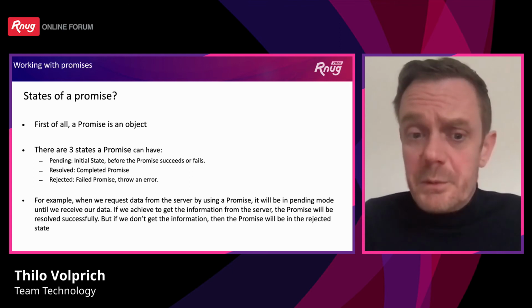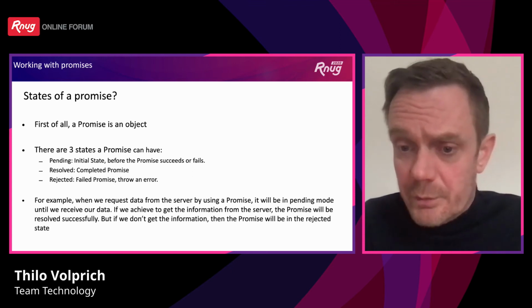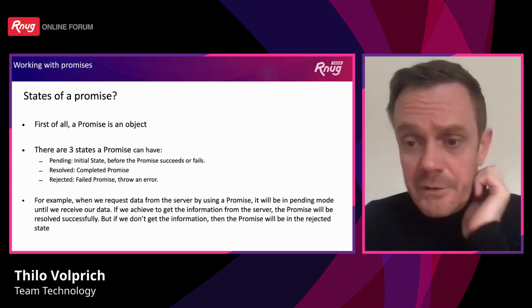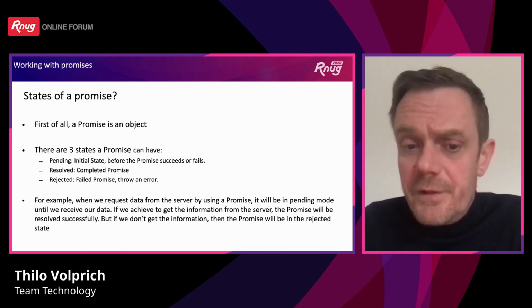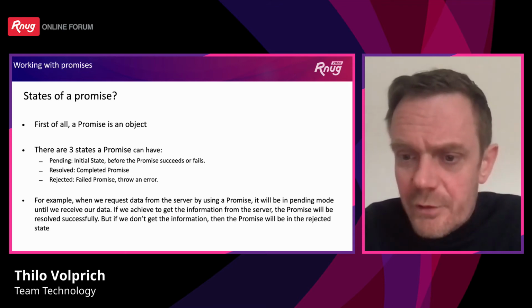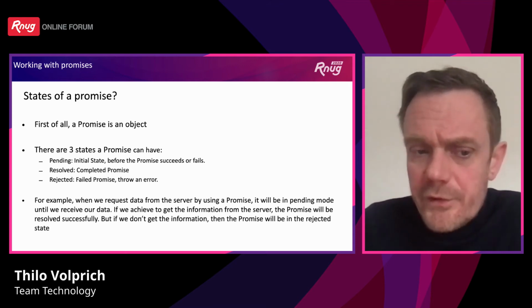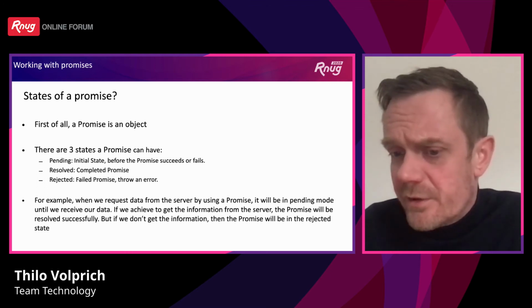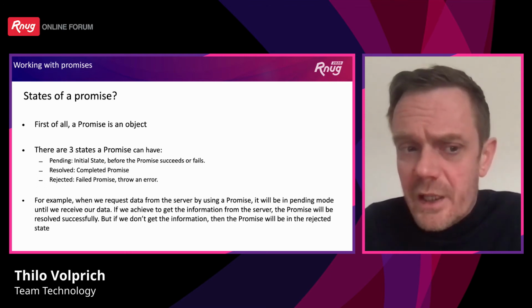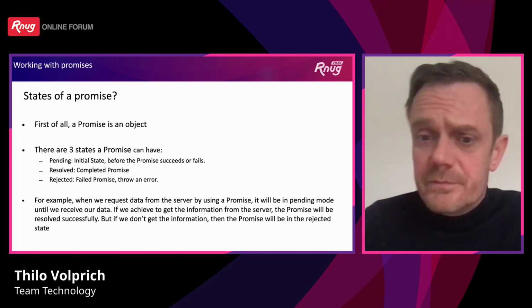For example, when we request data from a server by using a promise, it will be pending until we receive the data. If we get the information, we get a positive, so resolved successfully. And if we don't get the information, then we get a negative, a rejected state.